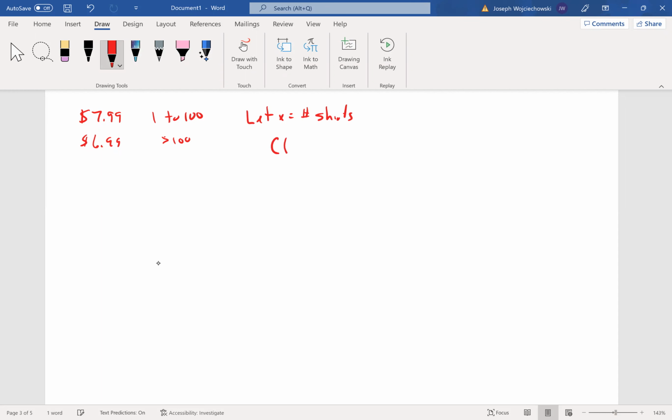And our cost, C of X, is going to equal $7.99 times X for 1 less than or equal to X less than or equal to 100. That covers this. It was inclusive, and then $6.99 times X for X greater than 100. And there we go.